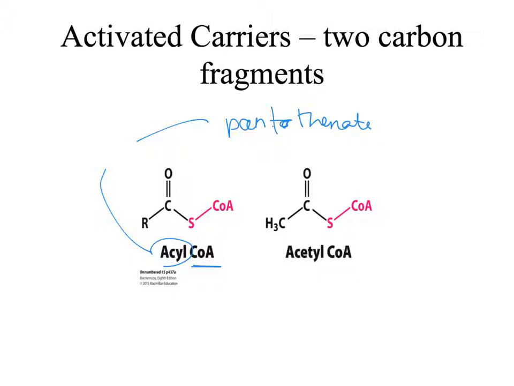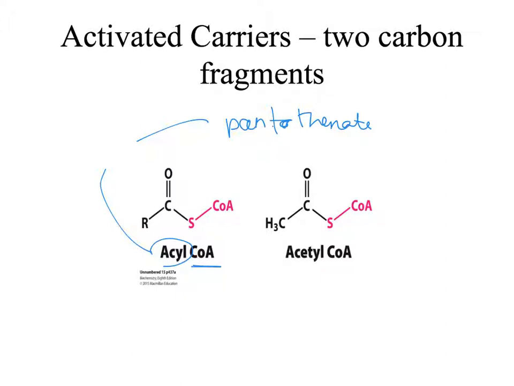The acyl groups are going to be significant for both catabolic and anabolic processes. So we're not just talking about fuel oxidation or reductive biosynthesis. Both of these types of processes, the building up and the breaking down, are going to involve acyl groups.